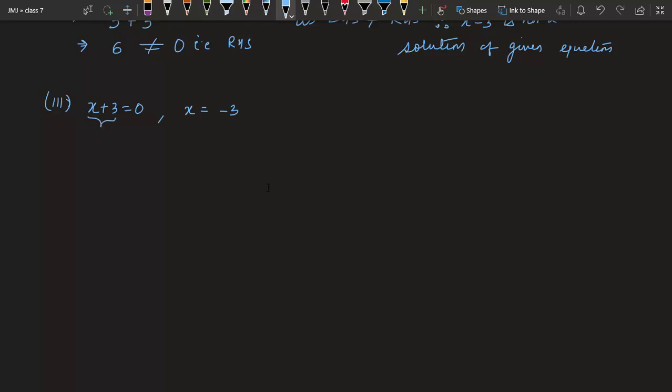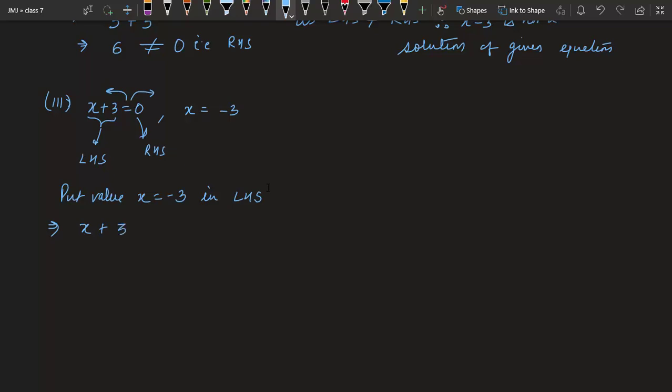Again, as I told you, this is left hand side which is on the left of equal to mark, and this is right hand side which is on the right of equal to mark. Now same thing, put value x equal to minus 3 in the left hand side and see what you are getting.